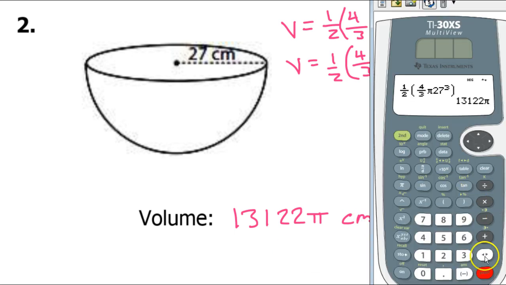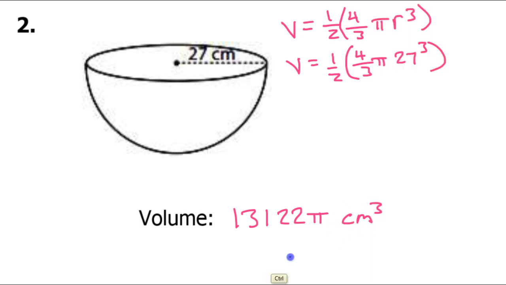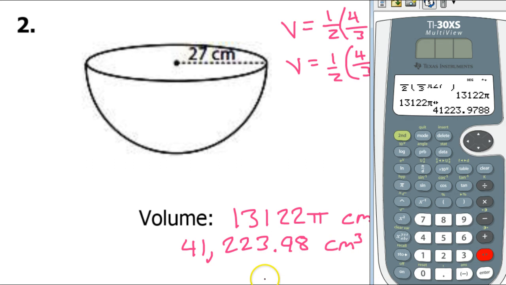If I need the decimal approximation, that's going to be 41,223.98. Got to round up.